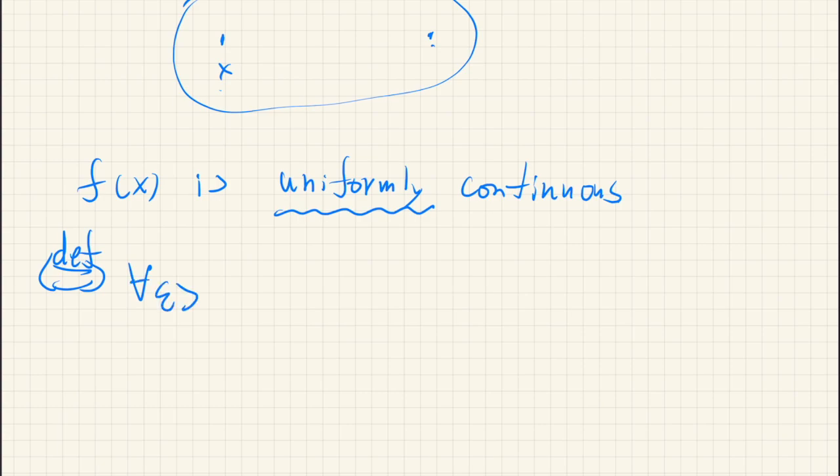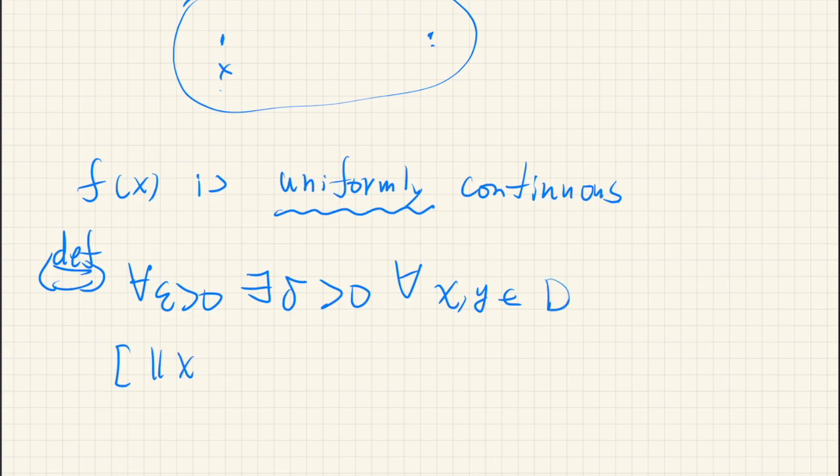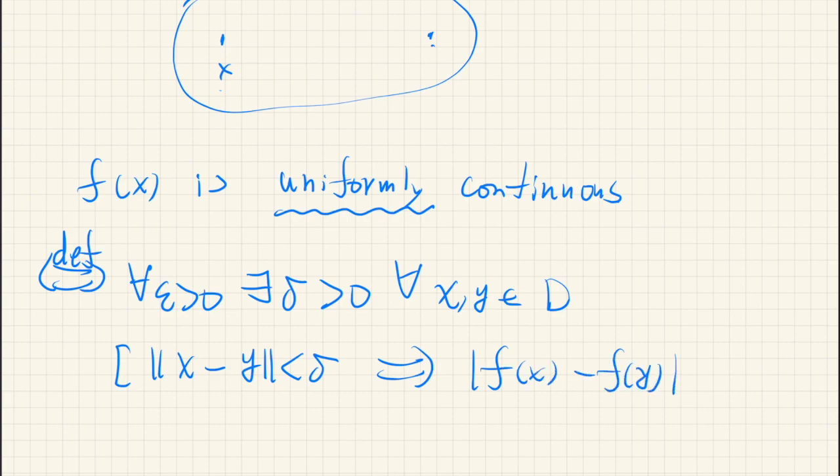For any epsilon greater than 0, there exists a positive delta such that for all x and y in D, the following implication holds: if the distance between x and y is less than delta, then the difference between f of x and f of y is less than epsilon.